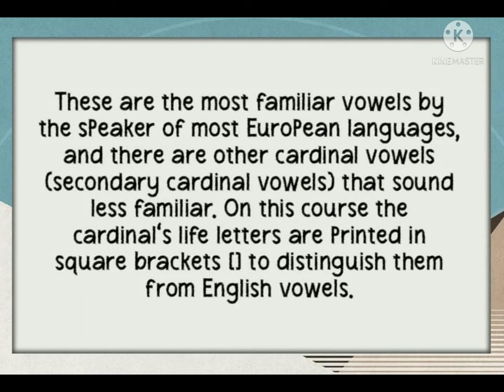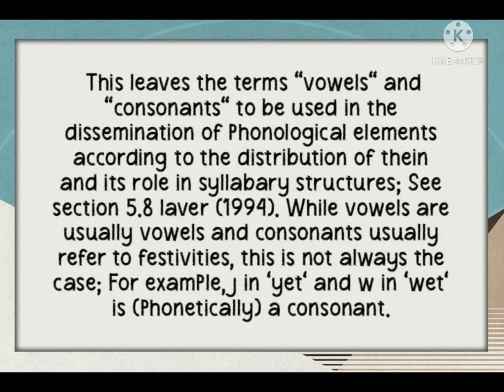These are the most familiar vowels to speakers of most European languages, and there are other cardinal vowels that sound less familiar. On this course, the cardinal vowels are written in square brackets to distinguish them from English vowels. This leaves the terms vowel and consonant to be used in the description of phonological elements according to their distribution and their role in syllable structure.